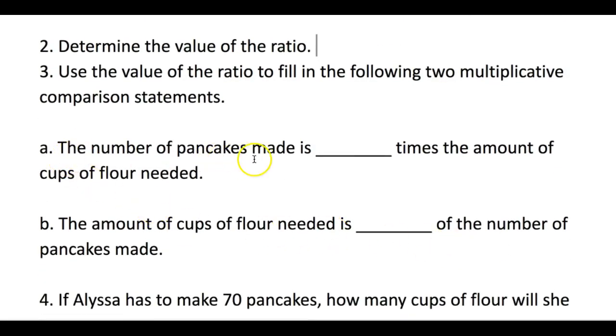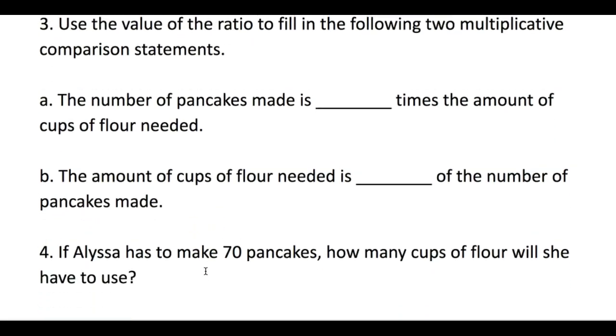The number of pancakes made is blank times the amount of cups of flour needed. The amount of cups of flour needed is blank of the number of pancakes made. If Alyssa has to make 70 pancakes, how many cups of flour will she have to use?